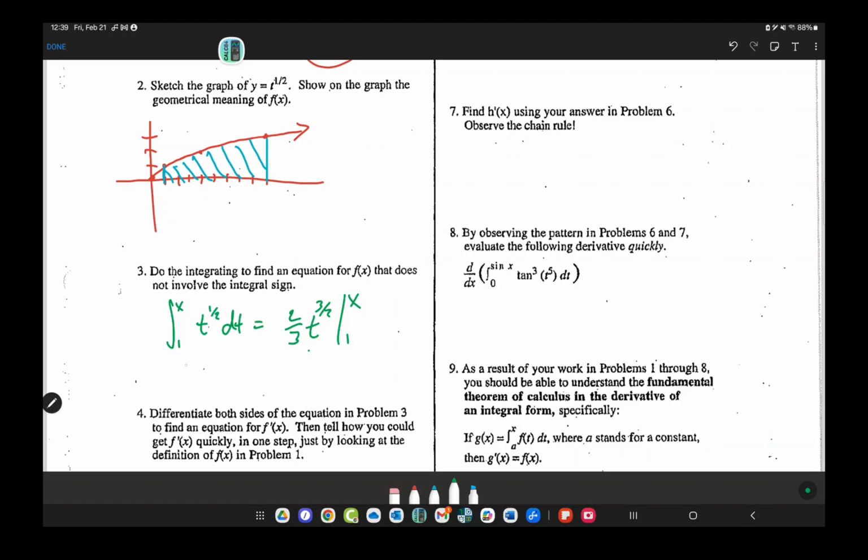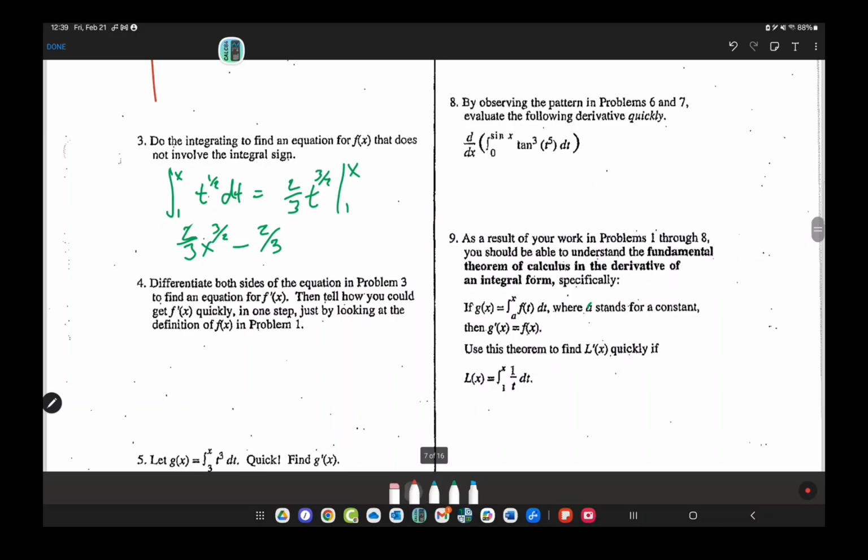And if we plug in x, it just gives you 2/3 x to the 3/2 minus 2/3. Just plug x in for this here. You plug whatever your bounds are in for the variable. So in this case, my bound was another variable.